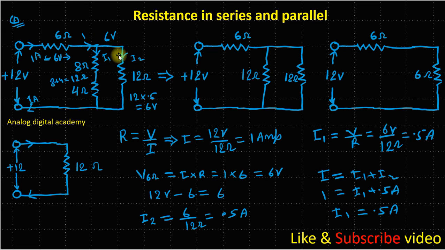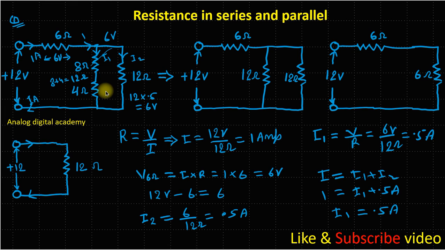So 6 is already here, you don't need to calculate it again, and here you need to calculate. Here the voltage will be divided. So here is the 6 volt. The voltage will be divided here because in a series circuit the current will be the same but the voltage will be divided. The total current flowing here is 0.5 ampere. So 0.5 ampere into the 8 ohm resistance and 0.5 ampere into the 4 ohm resistance.